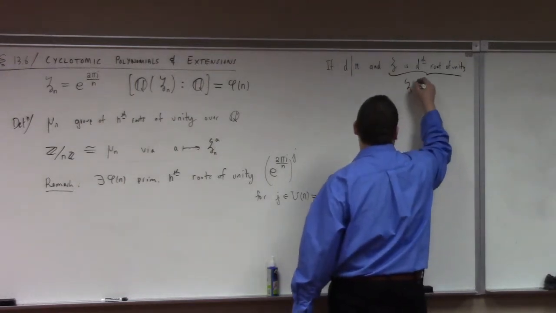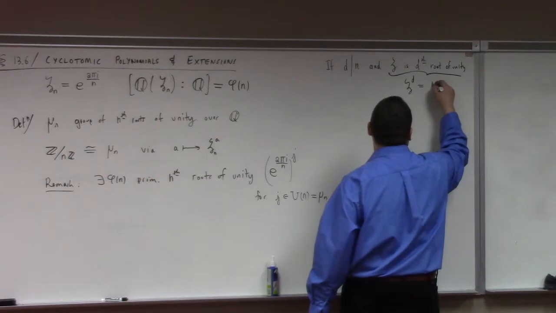That means that zeta to the d power is equal to 1.